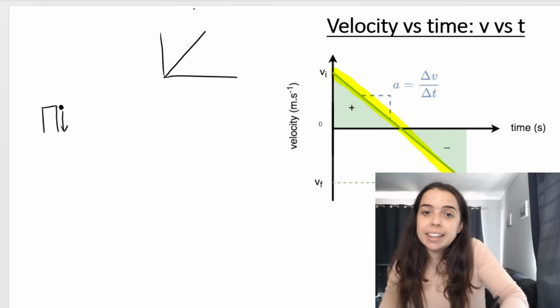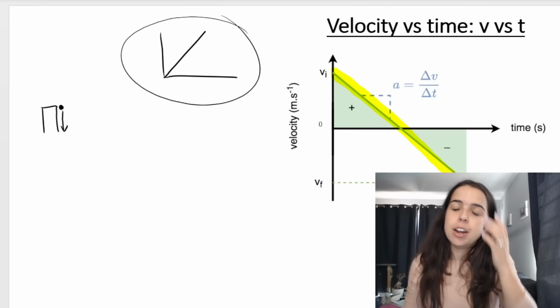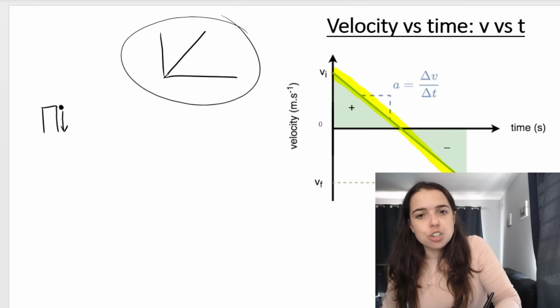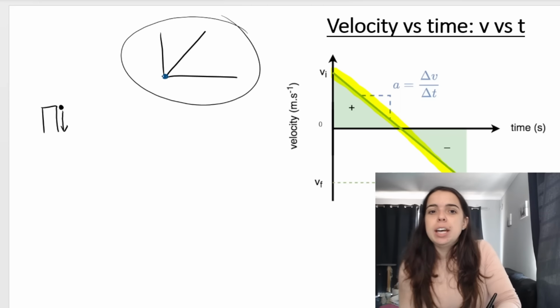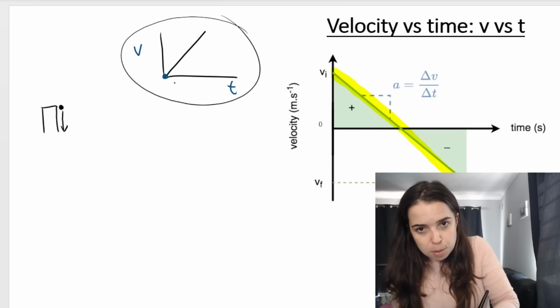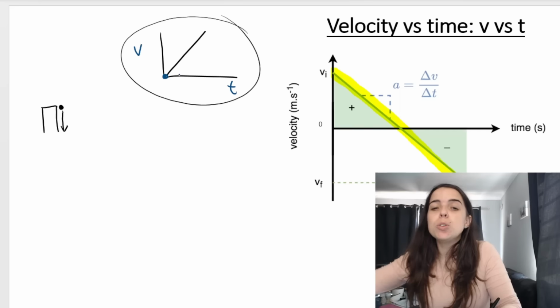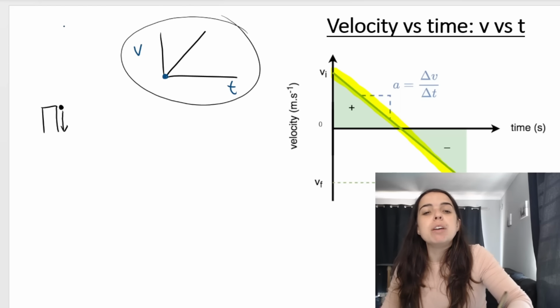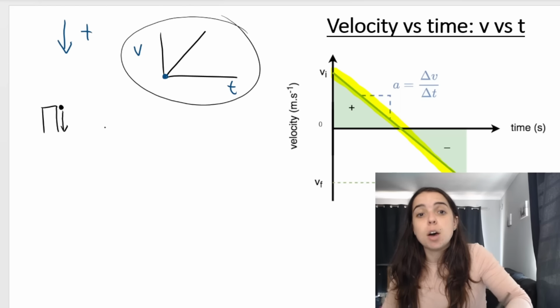So a graph like this could represent an object being dropped off the side of a building. Why? Because initially, at time 0, it has a velocity of 0. Then as time goes on, remember this x-axis is time, as time goes on, the velocity increases. So this would be a graph if I take downwards as positive.